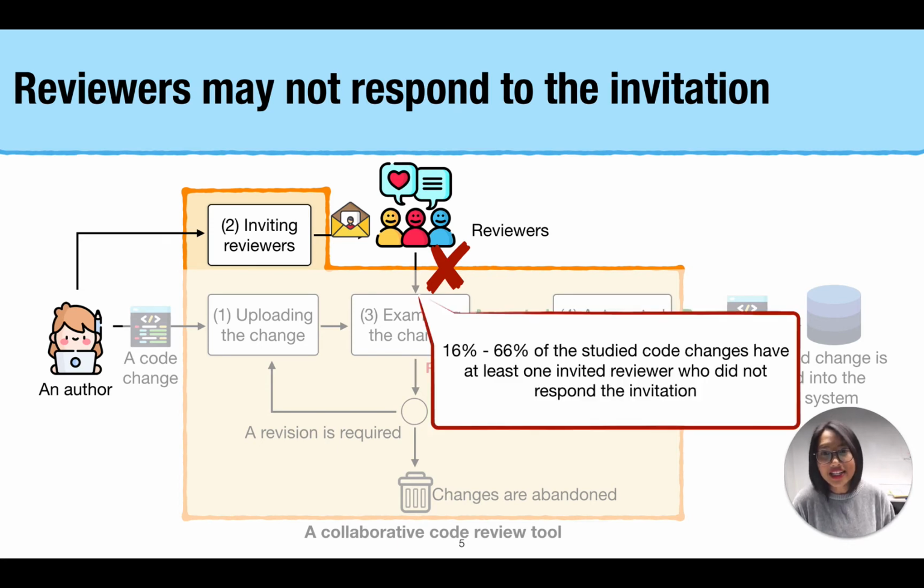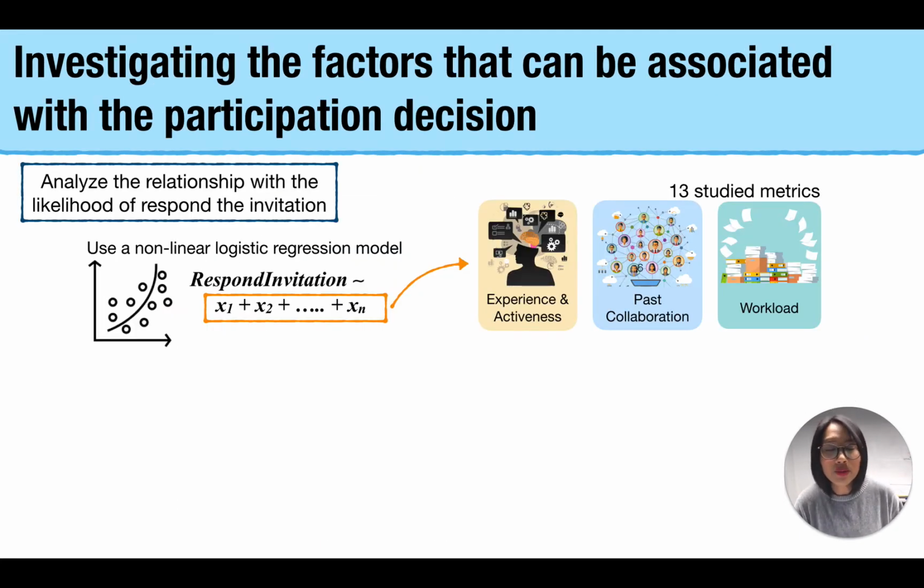Indeed, we find that about 16 to 66% of the studied code changes have at least one invited reviewer who did not respond to the review invitation or did not participate in the code review. Based on this, we want to further understand what factors can be associated with the participation decision of a reviewer.